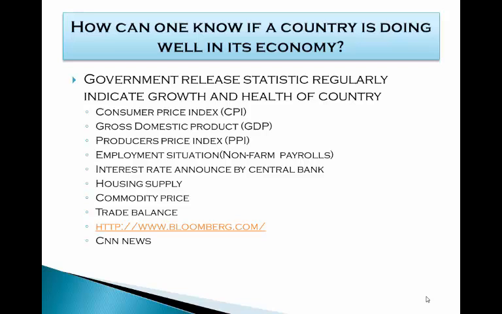The first one is the Consumer Price Index, or CPI, and it basically tells you whether the economy is having inflation or not. If we go to the supermarket and most of the prices suddenly become more expensive, it means the money is getting smaller.